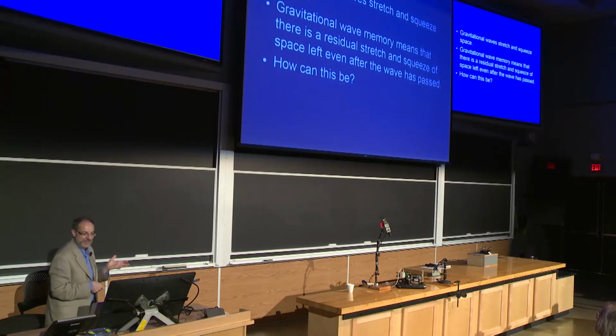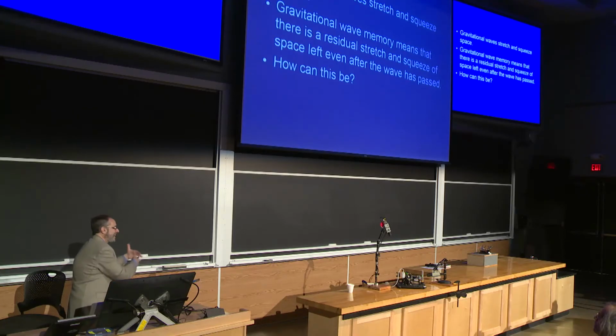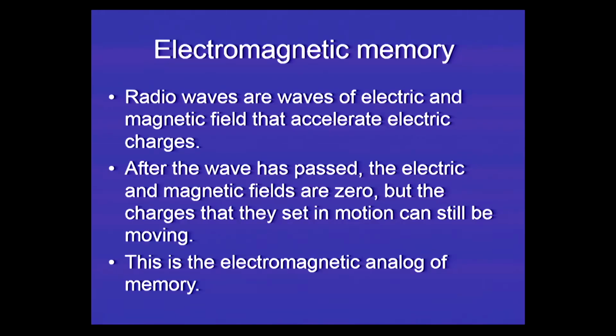So that sounds crazy, right? Gravitational waves just are this stretching and squeezing of space. So after the wave is gone, how can it be that space is still stretched and squeezed? All right, so to explain that, I want to, again, push this analogy between electromagnetic waves and gravitational waves.